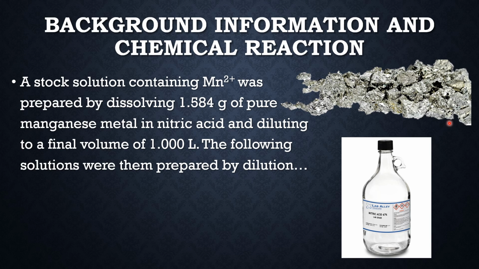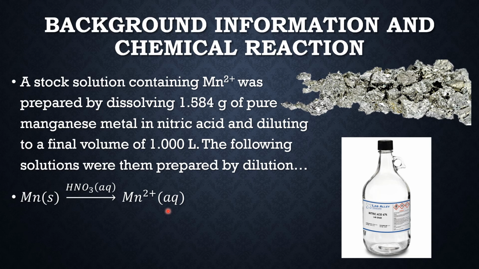First of all, we're taking manganese metal and we're using nitric acid. So we're taking manganese metal, that's solid manganese, and using nitric acid to make it into manganese with 2+ charge. So we have this right here. Solid manganese, a solution of nitric acid, is being used to turn it into Mn2+.